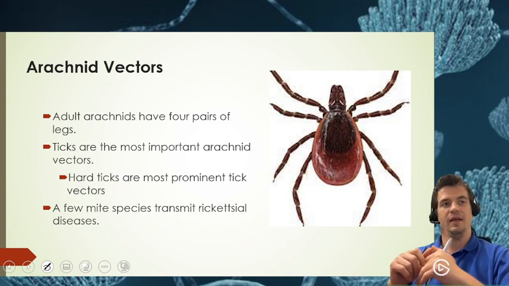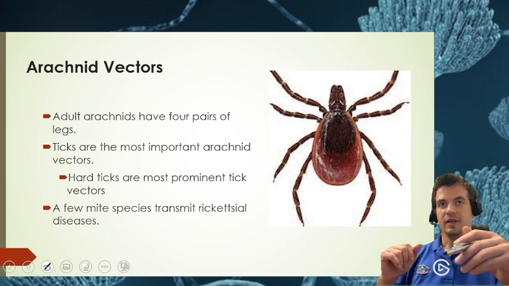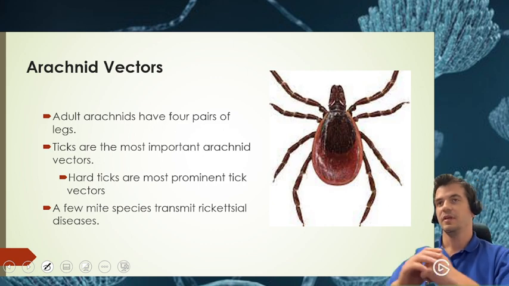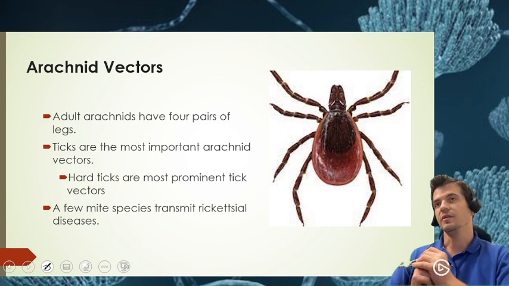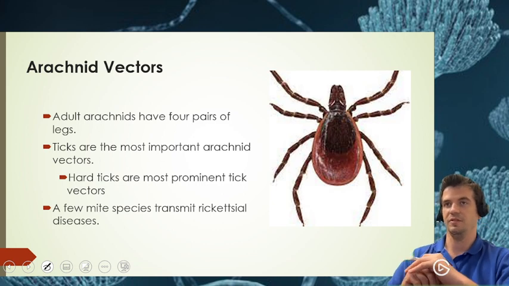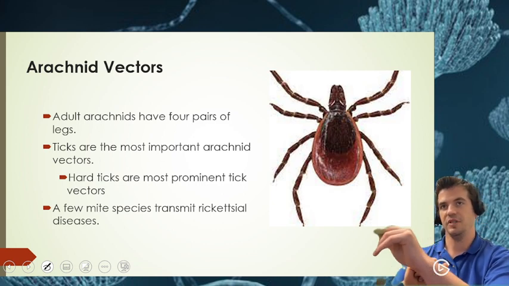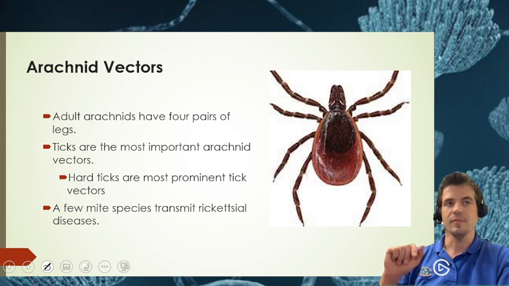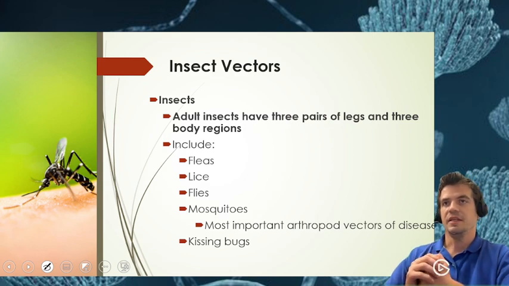Okay, and even further, as mentioned in our virus lectures, you can call them arbo diseases, arbopathogens, arboviruses, depending on what it is. Okay, and mites like this transfer rickettsia. We saw them in the prokaryote section also.